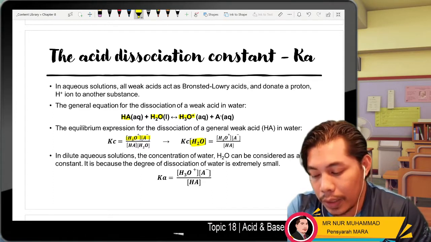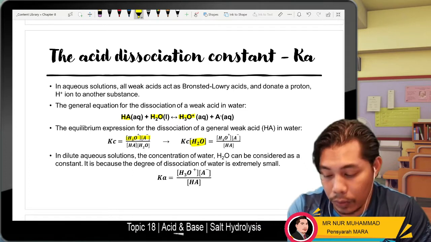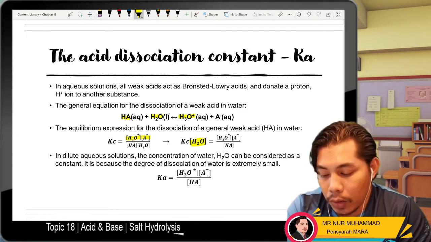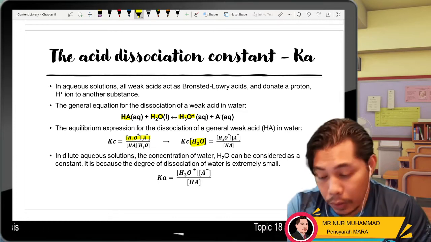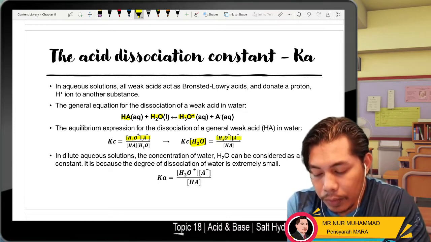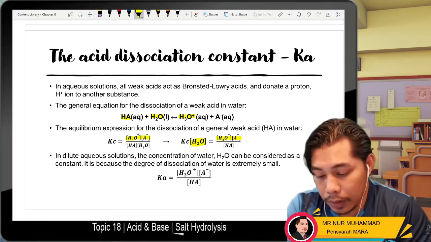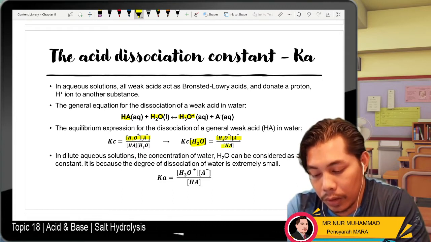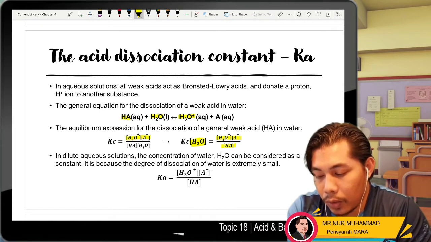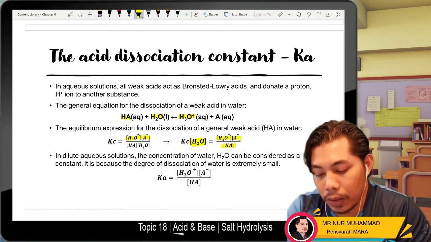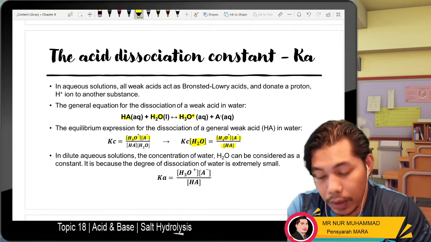That's why we can cancel out the concentration of H2O. So the formula is equal to the concentration of hydronium ion times the concentration of A minus divided by the concentration of HA, which is the acid. So this is where the formula of Ka comes from.